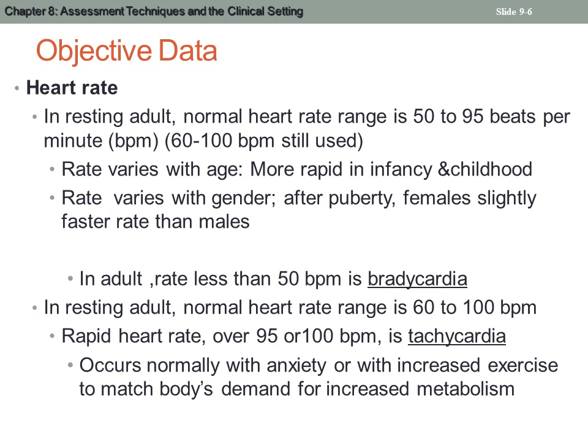If the heart rate is greater than 100, or maybe 95 if you're using the new value, then we consider that it is now tachycardic. Tachycardia or tachycardic is the word that we use when it is faster. Now, there are many different reasons why a patient would be tachycardic or have tachycardia, and some of those reasons we will pick up as we move forward.